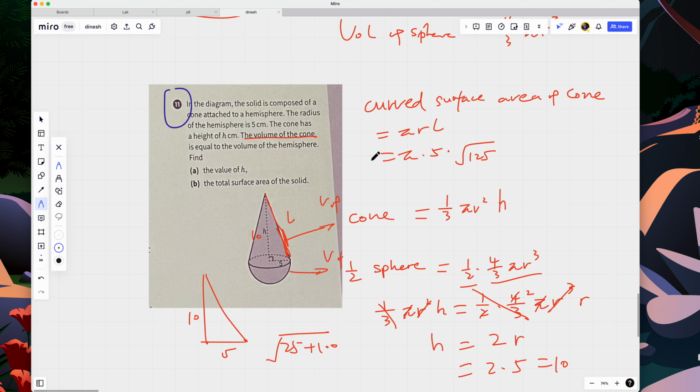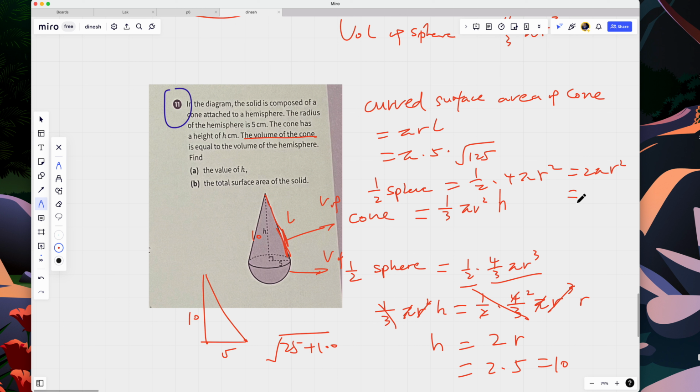So next is the sphere, but half of it, right? Half sphere is half times 4 pi r square, so it's 2 pi r square. Do you need to consider the top part?